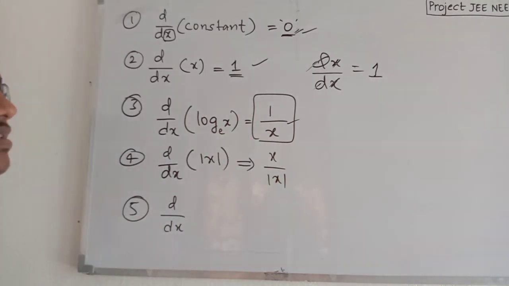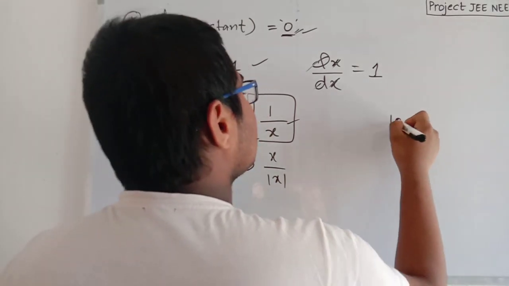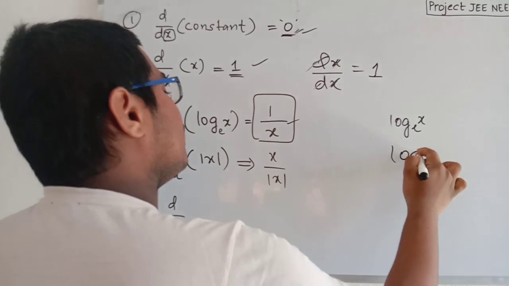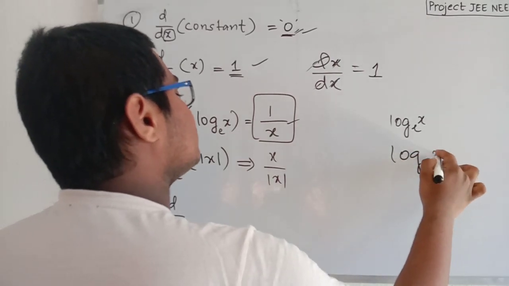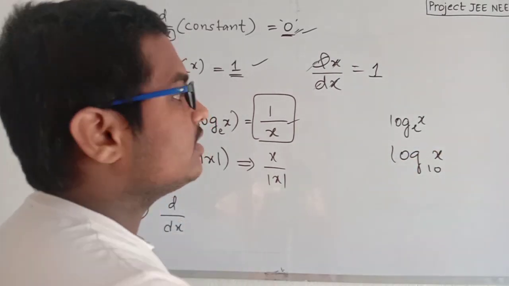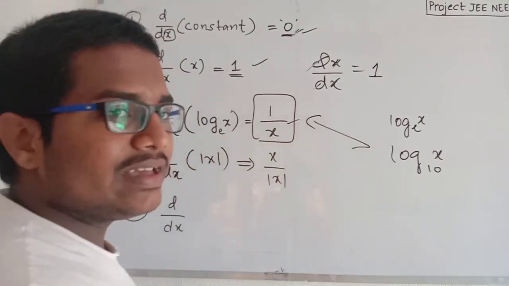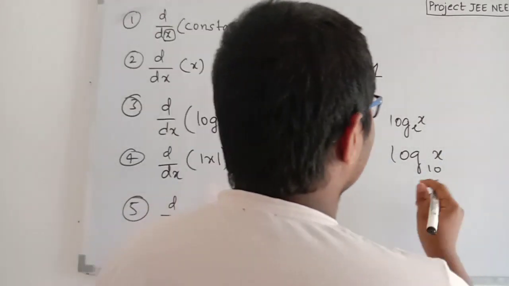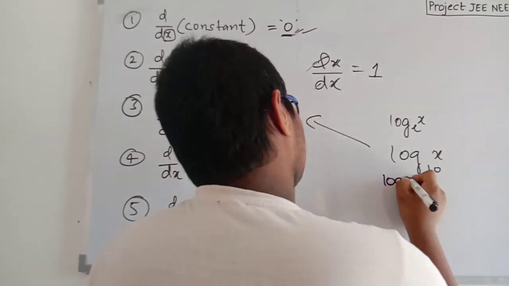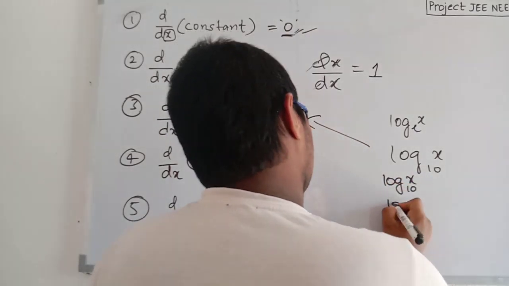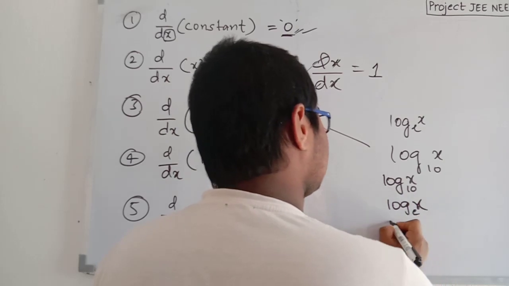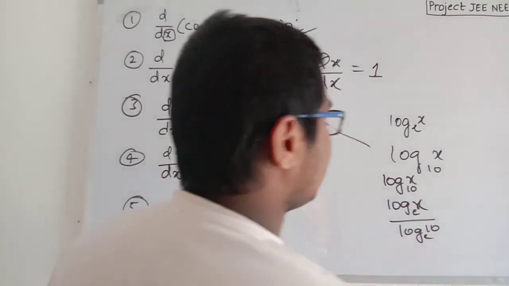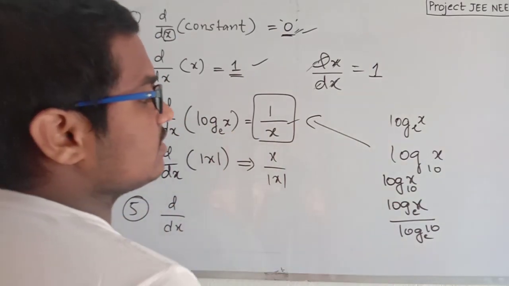If any base is not given, then you can assume the base is e, but if log x base 10 is given, then you should not apply this 1 by x formula here. तो हम क्या करेंगे, log x base 10 को log x to the base e by log 10 to the base e can also be written like this.